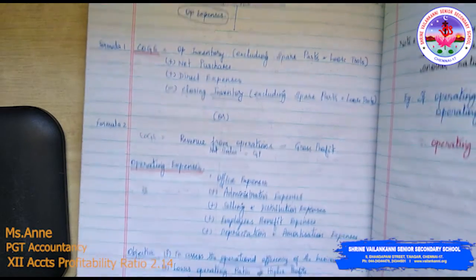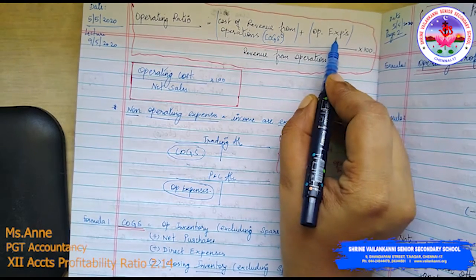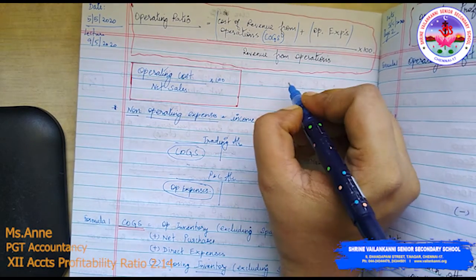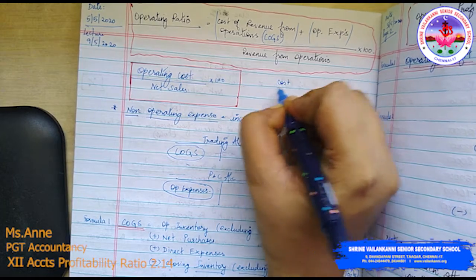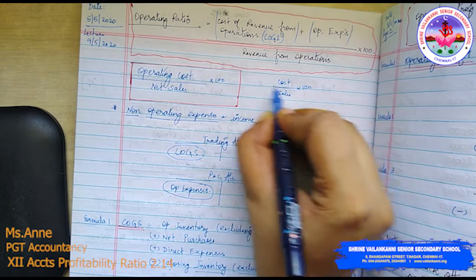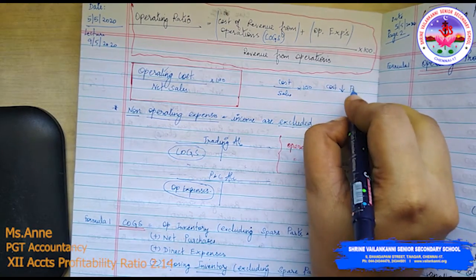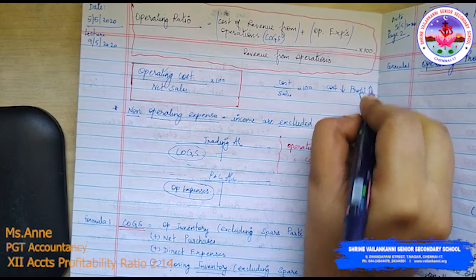As you can see in the formula, there is cost as well as expenses on sales. If the costs are less, obviously the profits are going to be more.